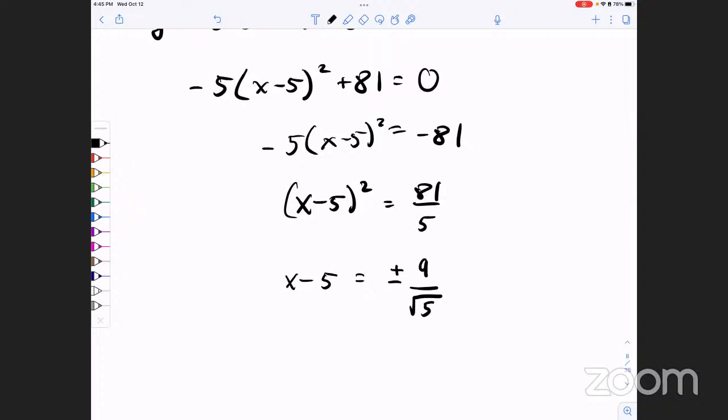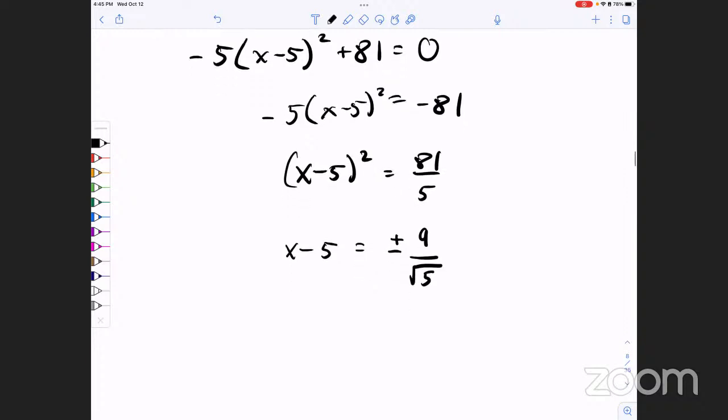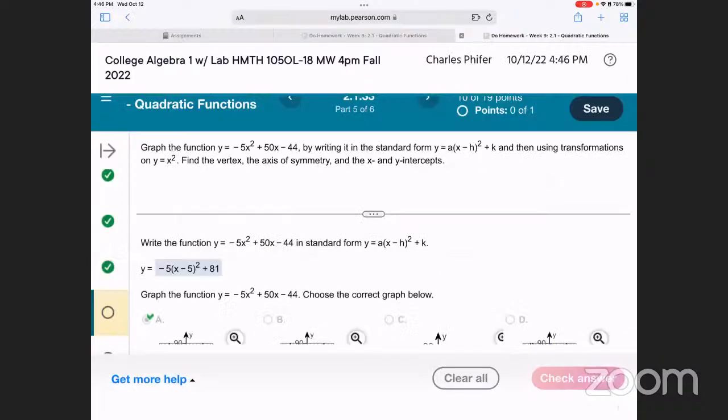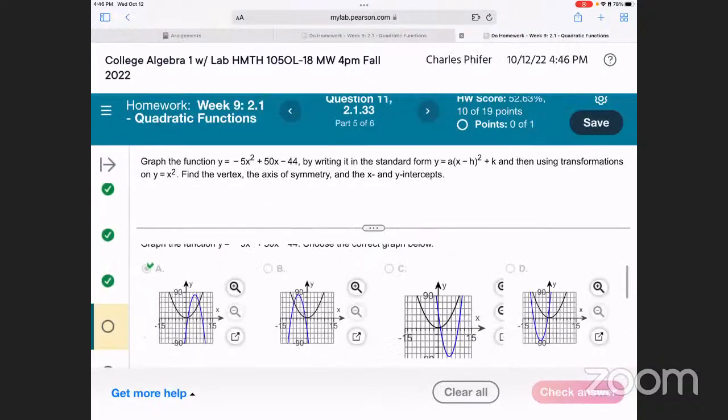As you take the square root on the right, the square root of 81 is 9, the square root of 5, just left it as is. And then you add 5 to both sides: 5 plus or minus 9 over the square root of 5, okay? So those are the coordinates of the x-intercepts, right? 5 plus or minus 9 over root 5. So then we're going to put that here.